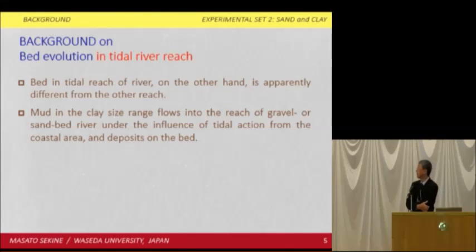Here is the second one. The bed in the tidal reach of a river, on the other hand, is apparently different from the other reach. Mud in the clay size range flows into the reach of gravel or sand bed rivers under the influence of tidal action from the coastal area and deposits on the bed.